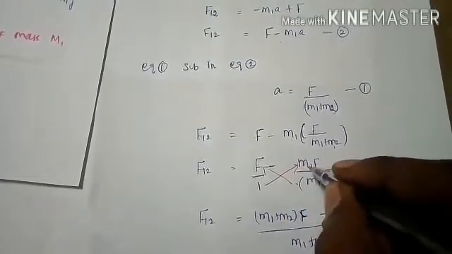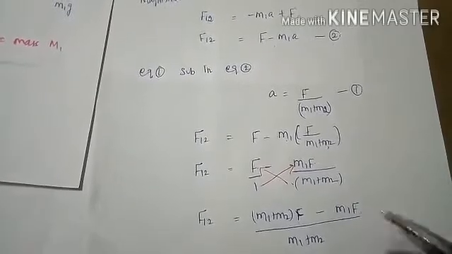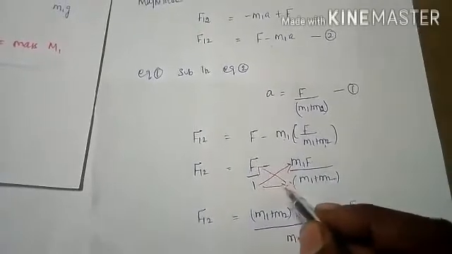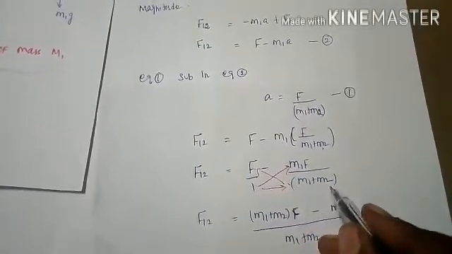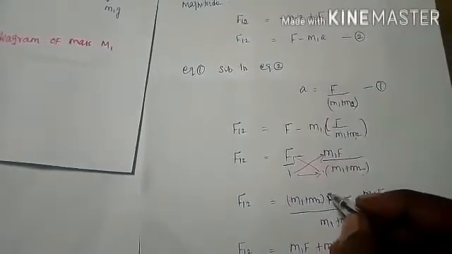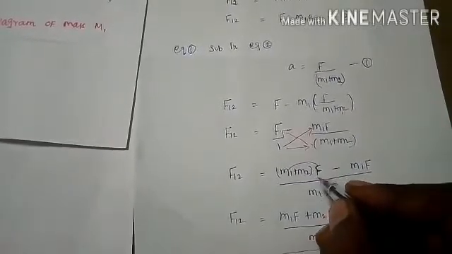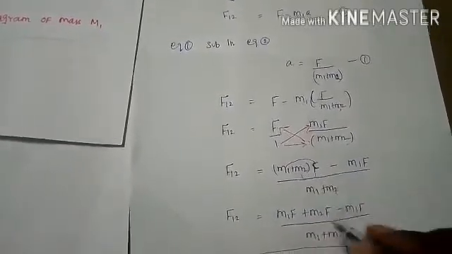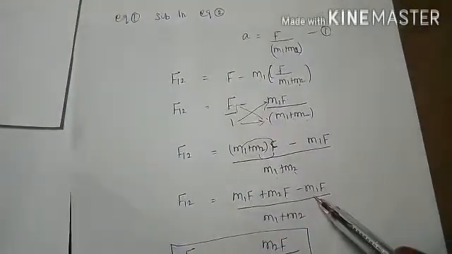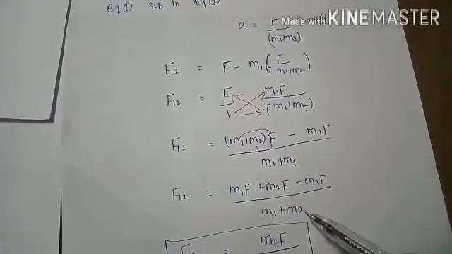F multiplied with m1 gives m1 F, and F multiplied with m2 gives m2 F. The remaining term is minus m1 F, divided by m1 plus m2.